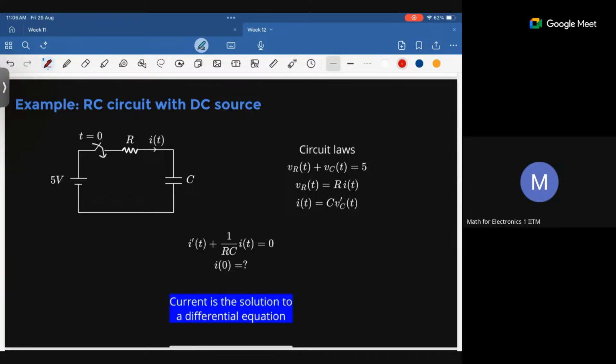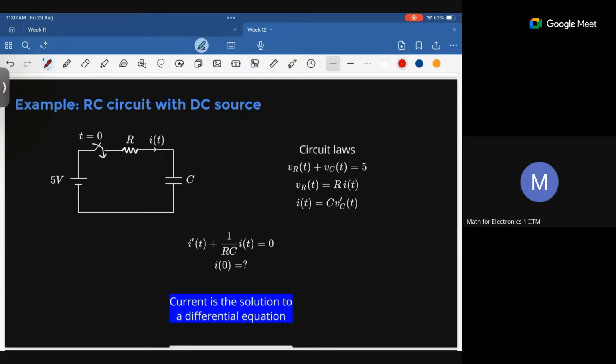We have also seen the RC circuit with a DC source, given a constant 5 volt supply, a resistor, and a capacitor. Current flows through the circuit, and we have the KVL law. The voltage across the resistor is R into I of t, and across the capacitor, V of C is equal to 1 by C into the integral of I of t, which when differentiated on both sides gives I of t equal to C times Vc prime of t.